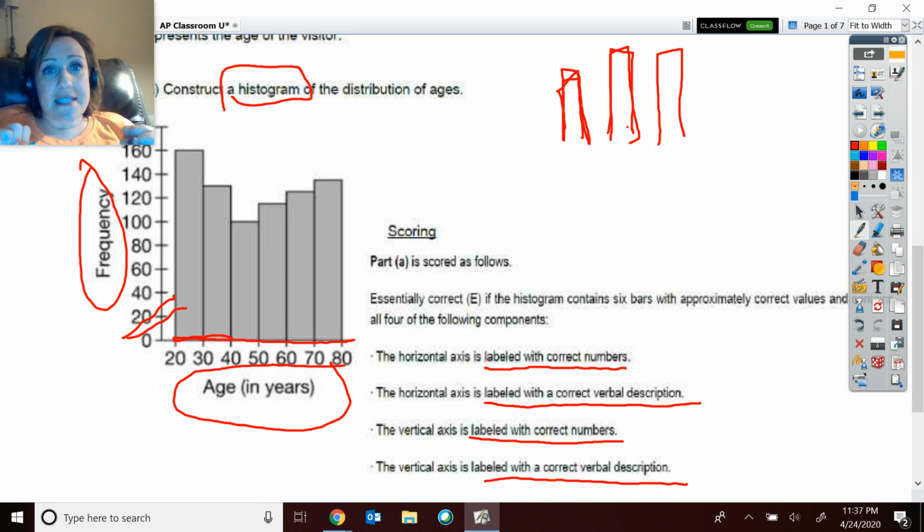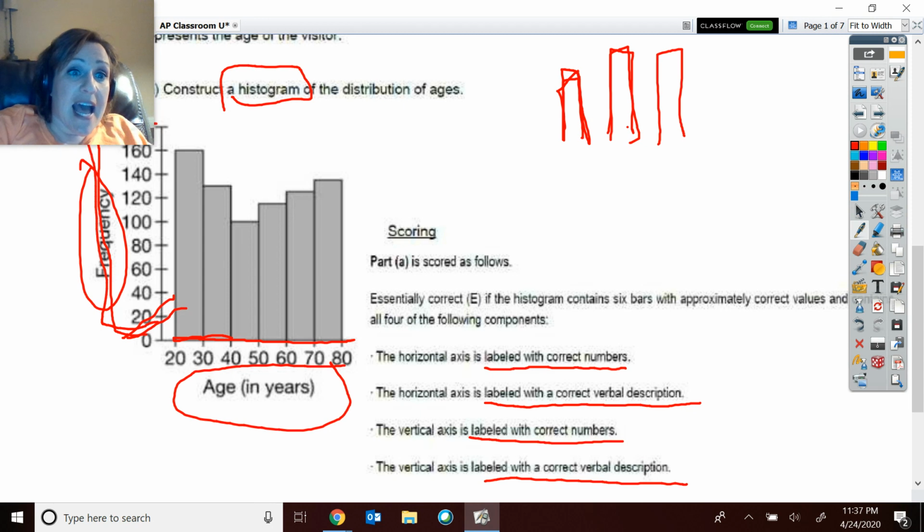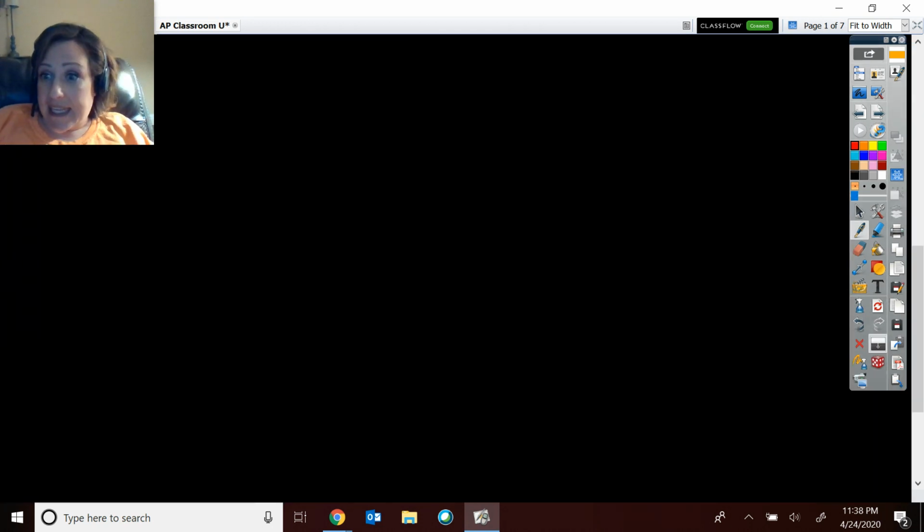The reason is that a histogram has to have an appropriate proportional relationship. And if you do not include all of this data in this height correctly, then you are not showing the correct proportional relationship.